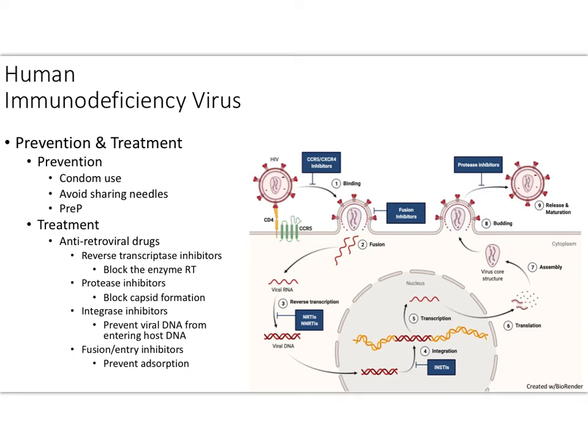There is a newer medication, maybe within the last 5 to 7, maybe even 10 years or so, called PrEP. That is a medication that people who are at high risk for developing HIV infections can take to help reduce the risk of getting HIV.